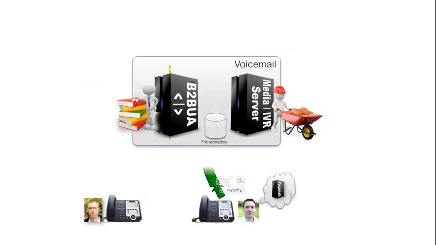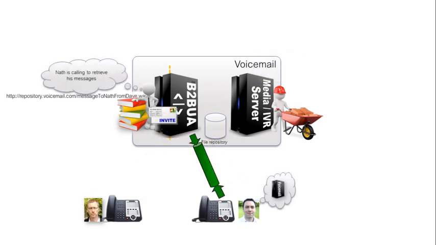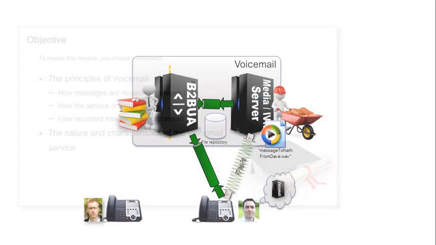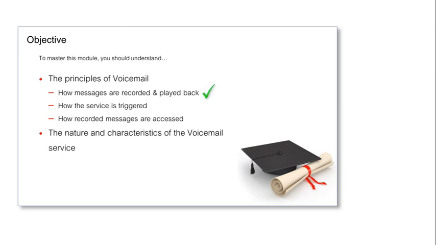Later, when Nath calls in to collect his voicemail, the application sets up a media session between Nath this time and the media server and gives an instruction to play back the recording. So that's the essence of recording and playing back messages. Next, let's look at how voicemail's triggered.